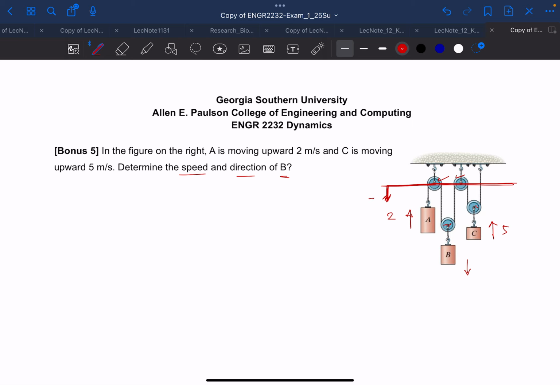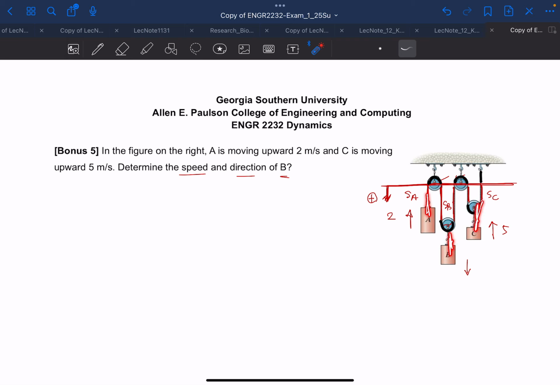Okay, so this is my positive direction, and then we want to consider the total length of the cord, right? Because that's going to be a constant. So I can call this guy s_A. These two are s_B, and these two are s_C. And I have this guy, this guy, this guy, and that guy not changing at all, right?